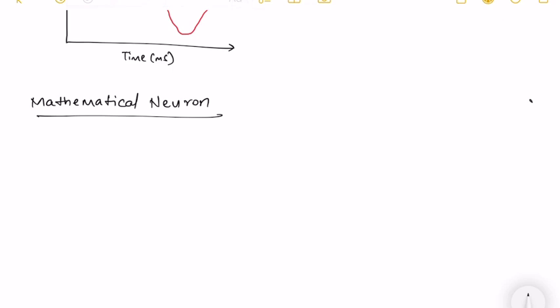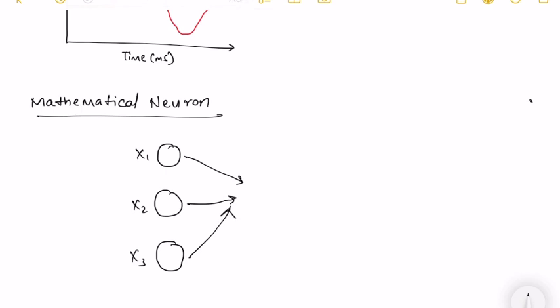Okay, so let's say we have three inputs: x1, input x2, and value x3, right? And we have these three inputs going into our neuron.